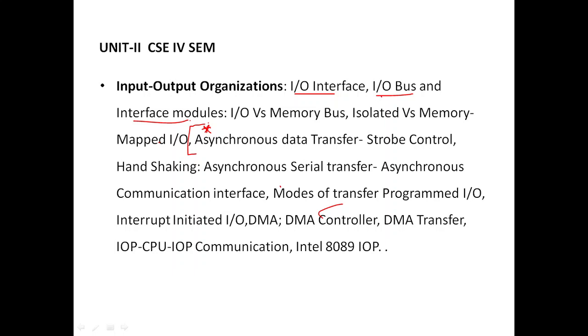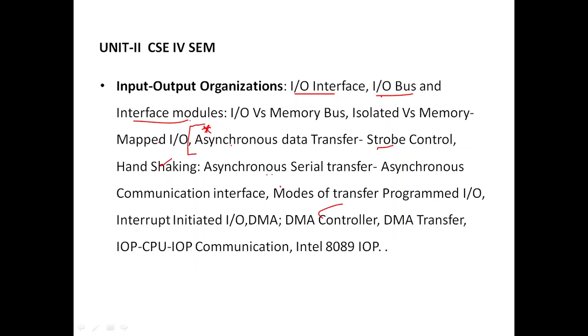If every system is working with the timing signal, then we call it synchronous. If individually they have their own clocks, we can say it is an asynchronous data transfer. So in asynchronous data transfer, what are the methods? That is strobe control and handshaking. These are the two methods when we transfer the data in asynchronous mode.